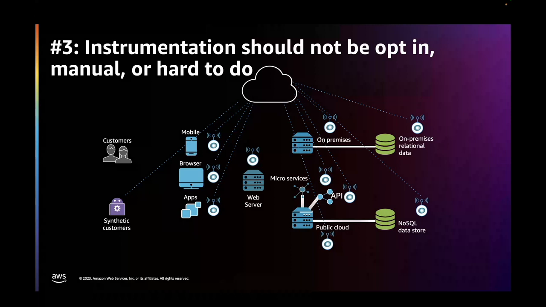One example is OpenTelemetry. If you use OpenTelemetry, like AWS Distro for OpenTelemetry, you're going to have standardization of your instrumentation process, which means you don't need to use different tools to instrument, right? You can use one tool, which acts as a mechanism to forward logs, metrics, and traces across different ecosystems of services, right? So fundamentally, what I'm trying to say here is instrumentation is not opt-in, and it should not be a manual process. It should be an automated process. And the most important thing is standardization of tools to make instrumentation common within the organization.